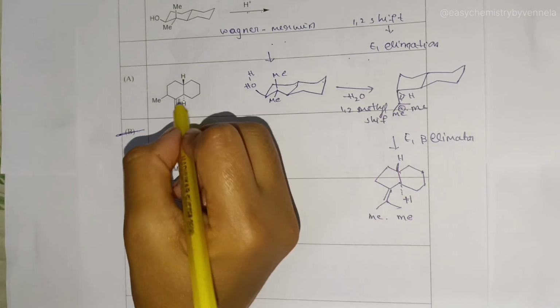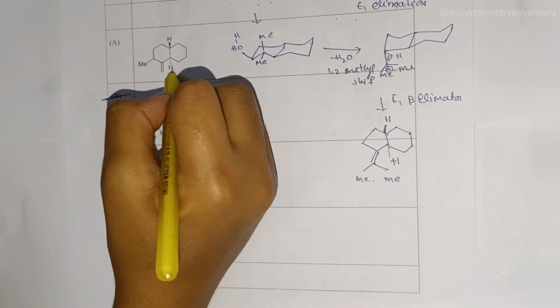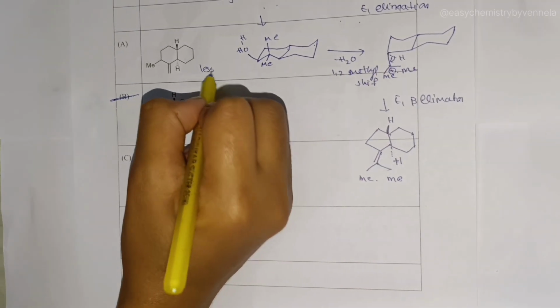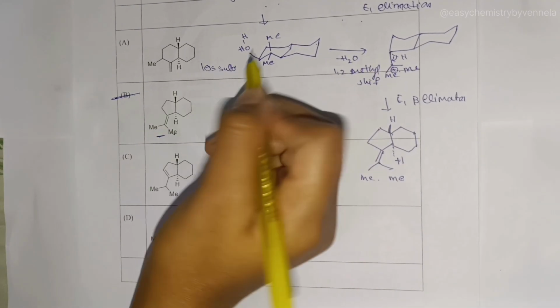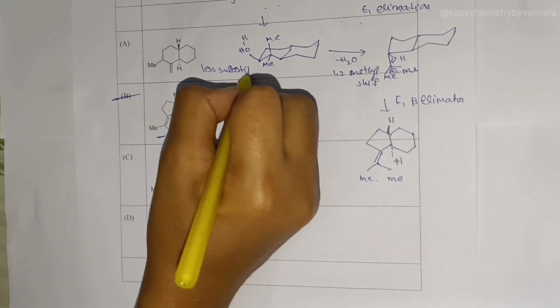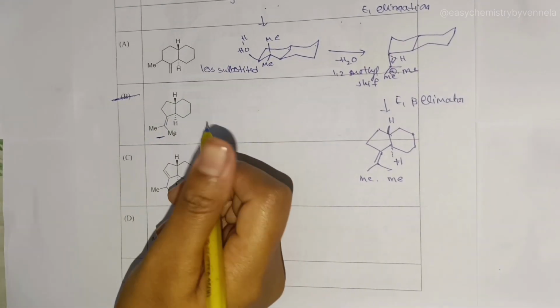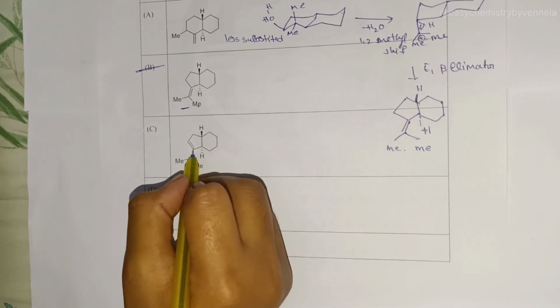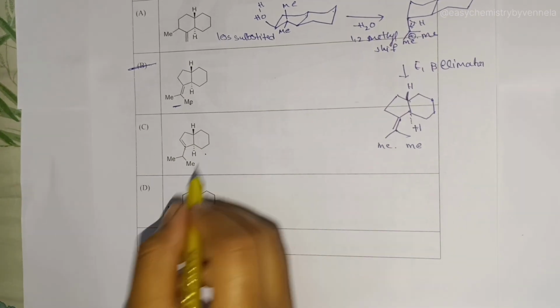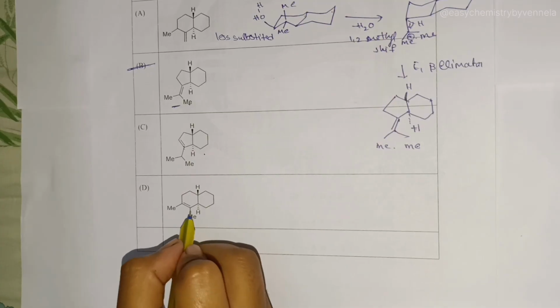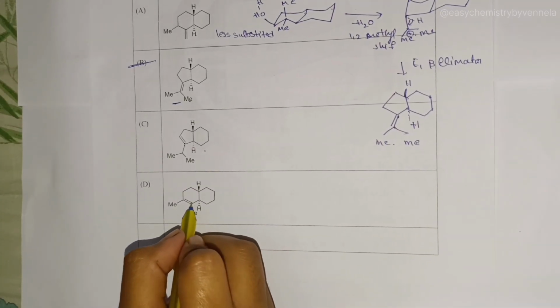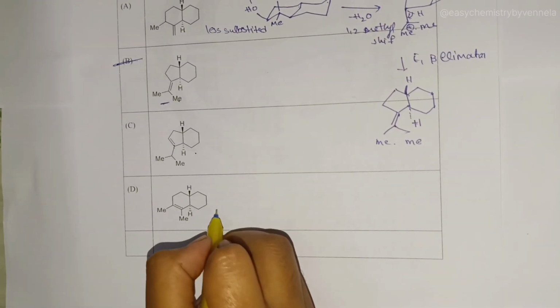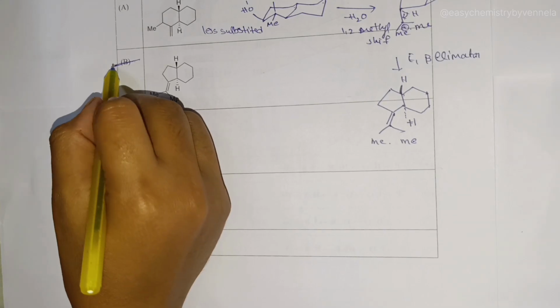Here exocyclic methylene, it is less substituted. Next, here the double bond is present inside the smaller ring, so it is less favorable. Next, double bond near ring junction, sterically restricted. So this is the correct one.